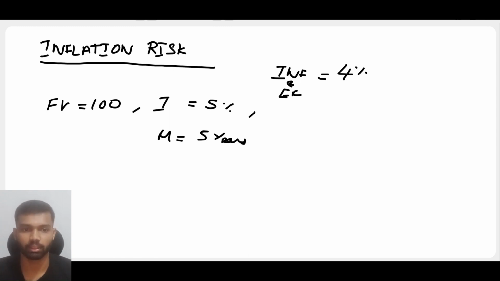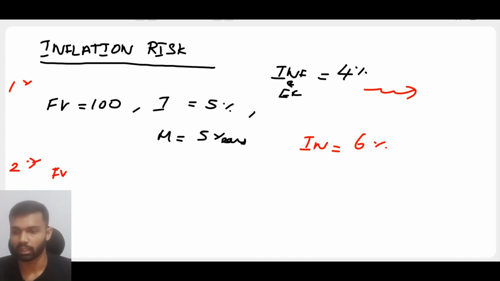Let us assume that inflation in the economy rises. Now it is the first year. In the second year after we invest in the bond, let's say inflation in the economy goes to around 6%, and we are planning to sell our bond in the secondary market. We would never get that 100, we can never sell that bond at the face value of 100.